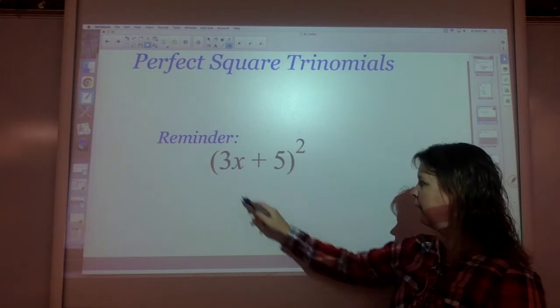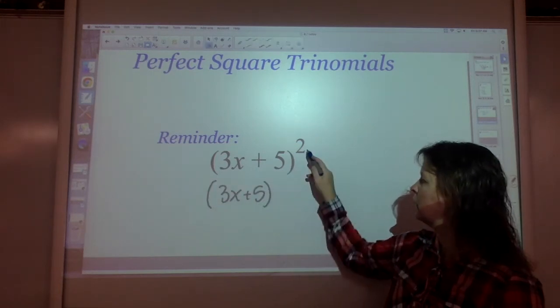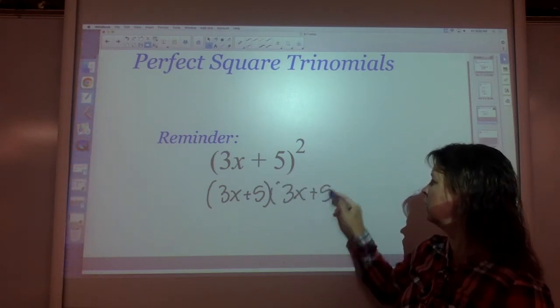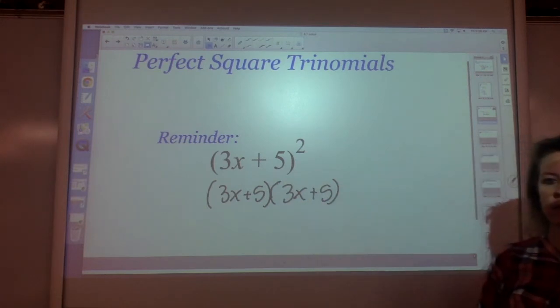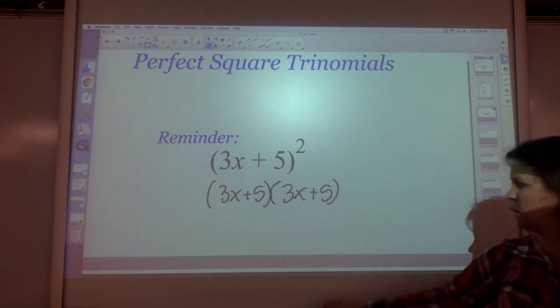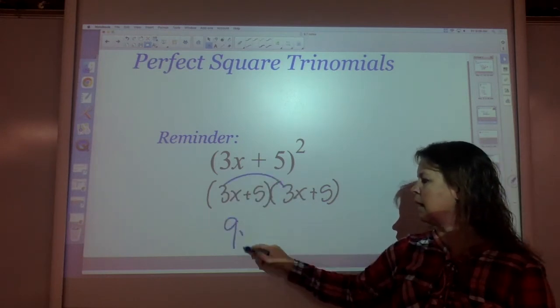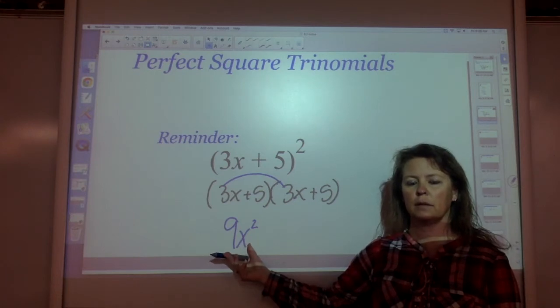It says, take a number, 3x plus 5, or a factor, squared means times itself. Take that squared times itself. Watch what happens when you multiply this by itself. 3x times 3x is 9x squared. There's another perfect square.